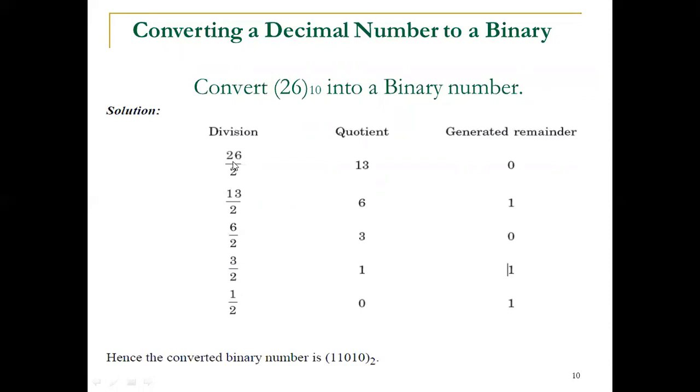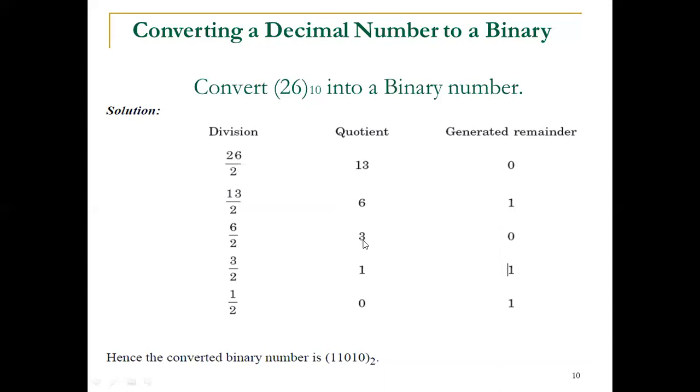We have to divide 26 by 2 because the binary number base is 2. So 26 by 2: the quotient is 13 and the remainder is 0. Again, divide that quotient by 2. Here the quotient is 6 and the remainder is 1. Then take this 6 and divide it by 2.